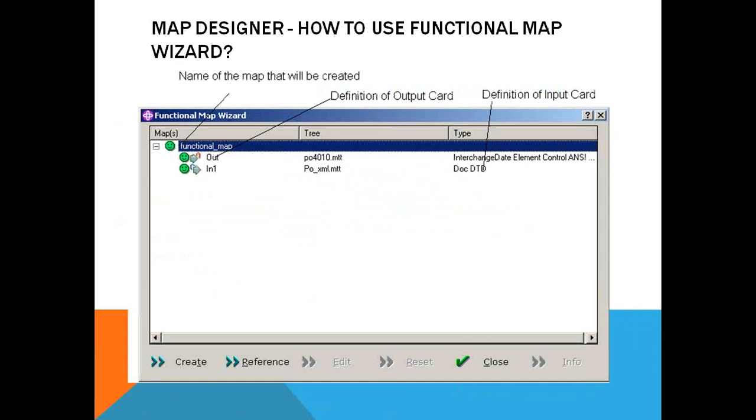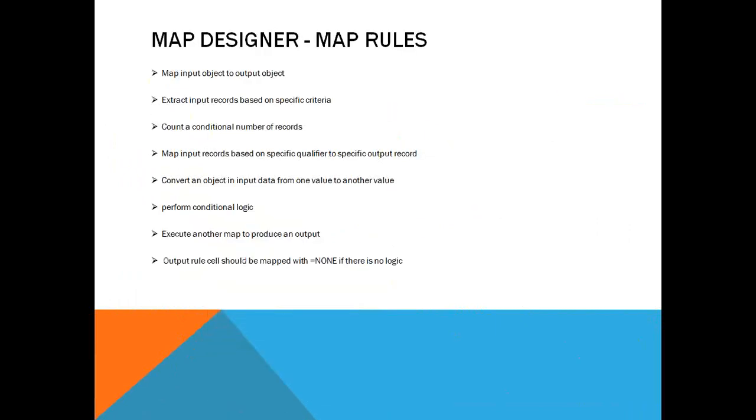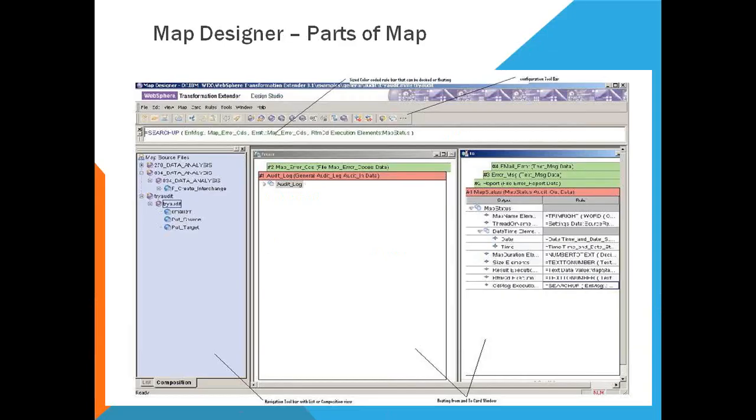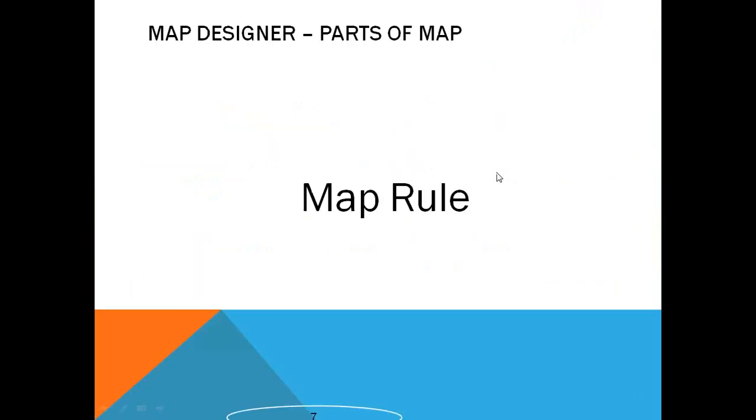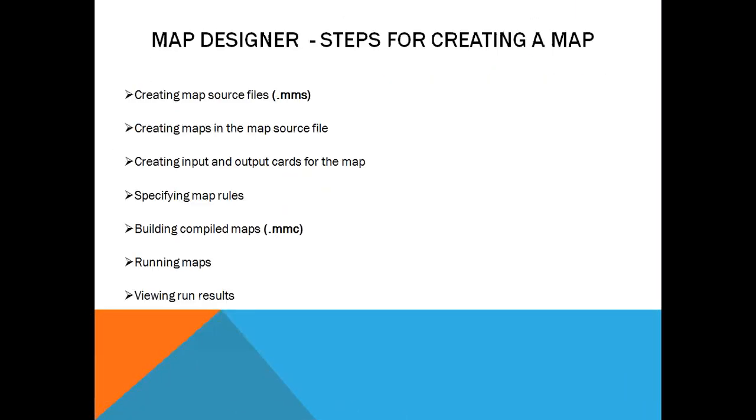If we open the map, you can see a number assigned for each input card: 1, 2. That number will keep incrementing. For output cards also 1, 2, 3, 4. So basically for each input and output card, a number will be assigned.